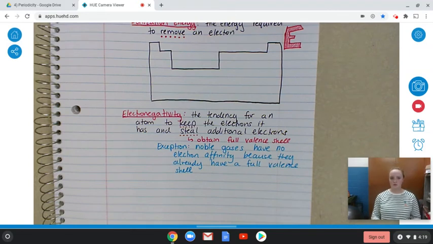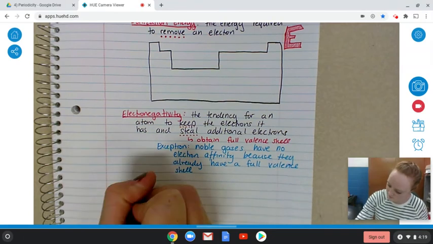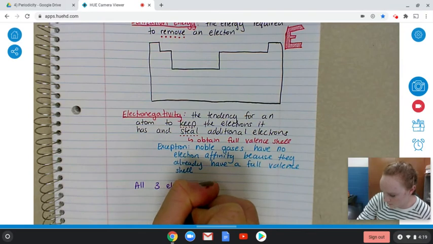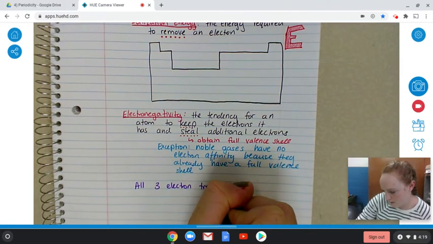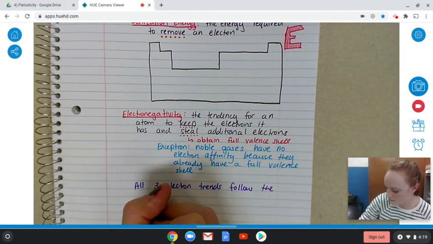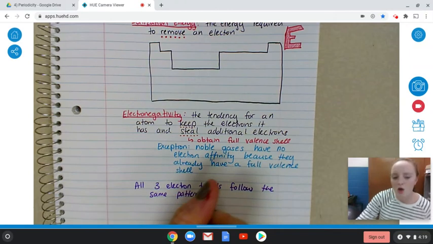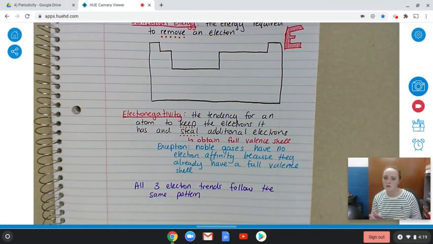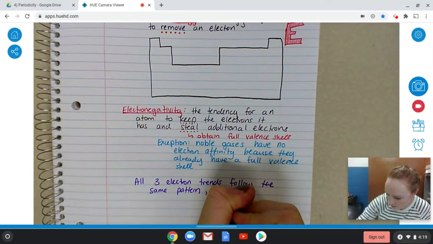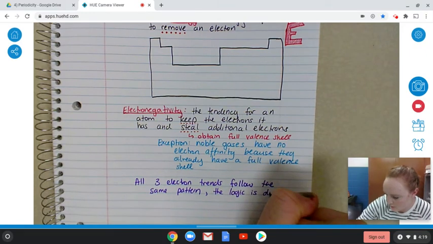For these electron trends, you're probably already noticing, with this one exception, all 3 electron trends follow the same pattern. What is different is the buzzwords that you're going to use in your explanation. So the logic is different.